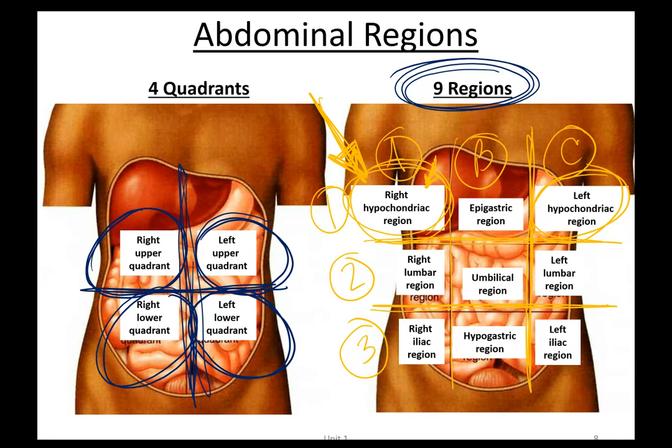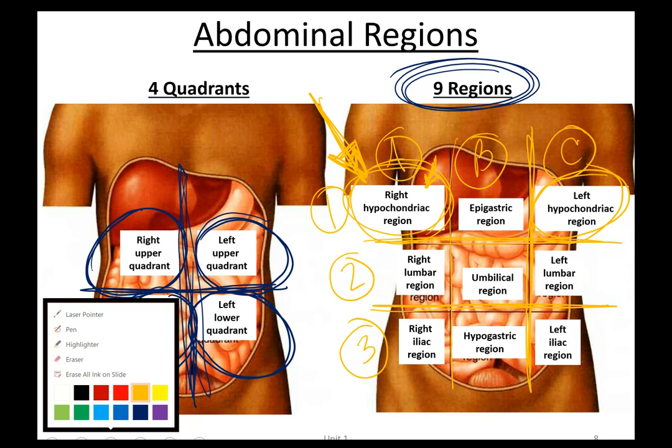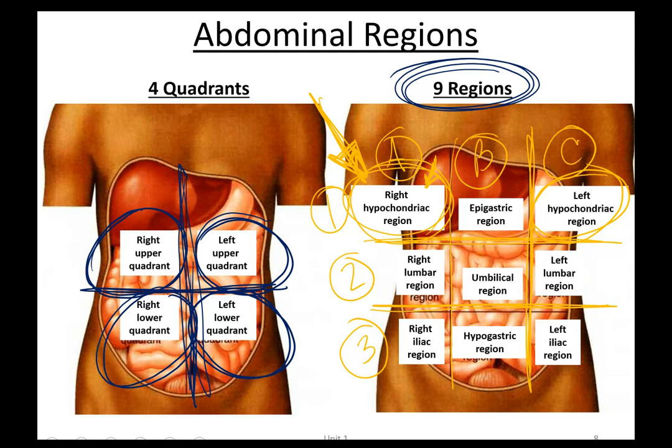If you learn prefixes and suffixes and the meanings of these bits of word, it'll help you later. Okay, so hypo means below, chondro means cartilage. So hypochondriac, below the cartilage region.